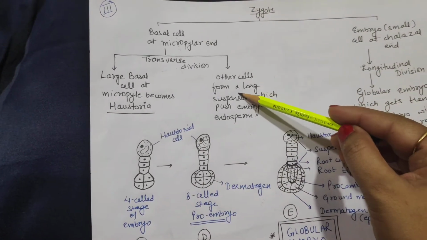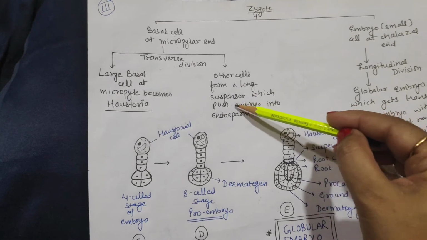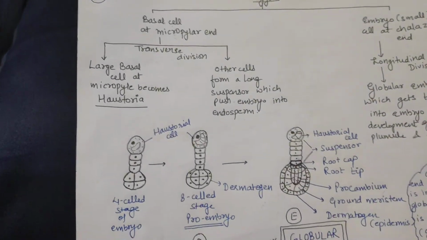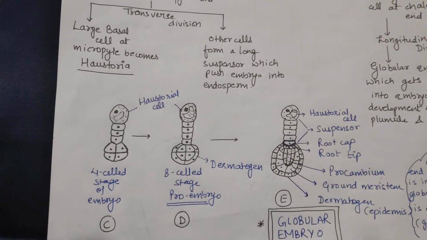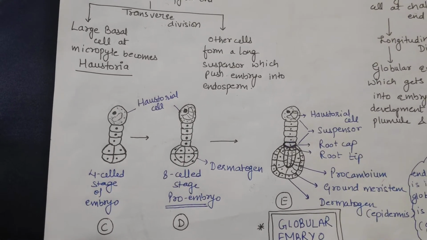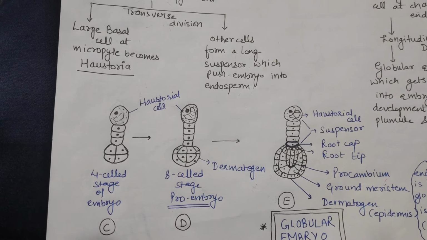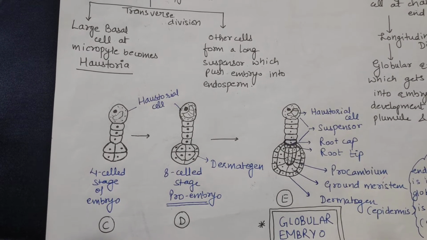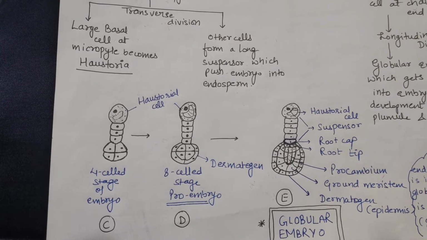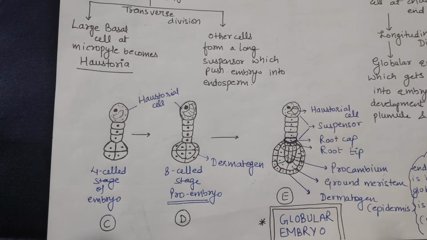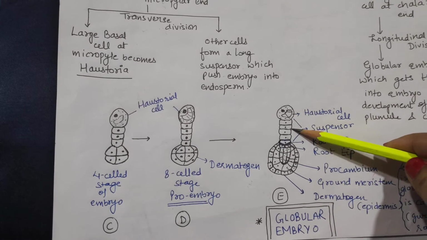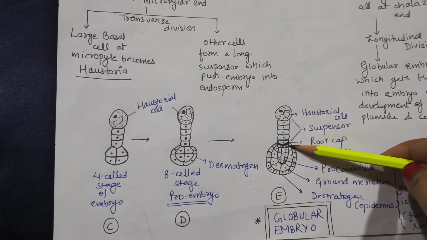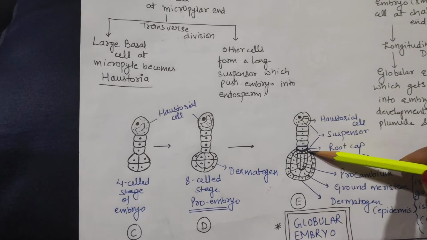So the other cells form a long suspensor which pushes the embryo into the endosperm. So I think the function of the suspensor is clear. The suspensor's main function is to derive nourishment from the nucellus region or from the nutritive tissue surrounding the embryo sac, as well as to embed, to push the embryo deep into the endosperm so that the embryo can get complete nourishment.